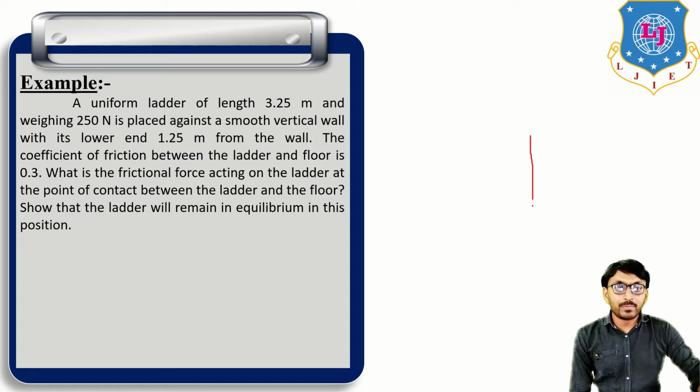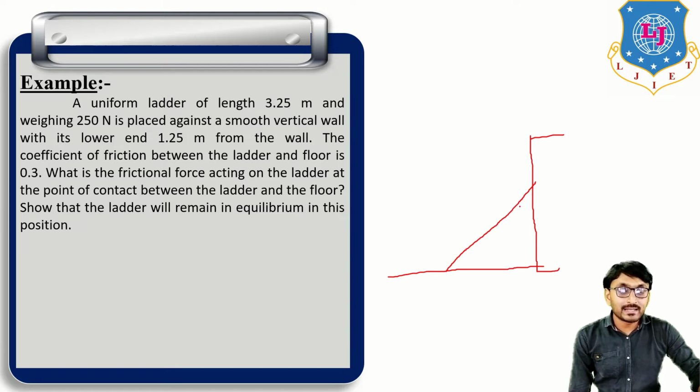So in this example, there is one vertical wall, one floor, and one ladder which is placed against the vertical wall. Now this is point A of the ladder, this is point B of the ladder, and the weight of the ladder in downward direction is given as 250 Newton.